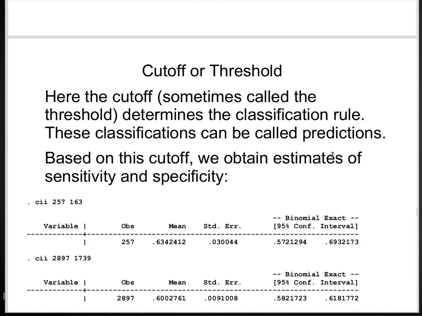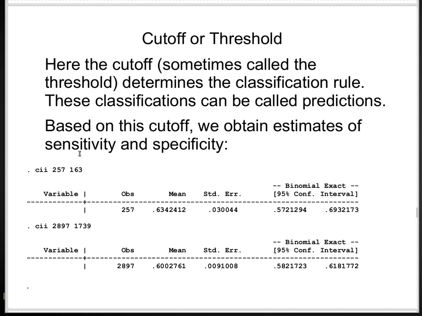So we saw that, in fact, we could have constructed estimates of the sensitivity and specificity. And in fact, because they are estimates of probabilities, we could have constructed confidence limits for them, right? We could see, okay, this sensitivity number has this range of plausible values based on confidence limits.